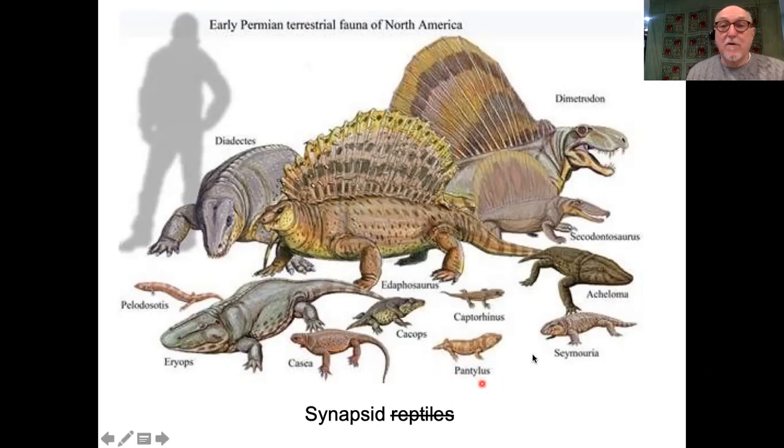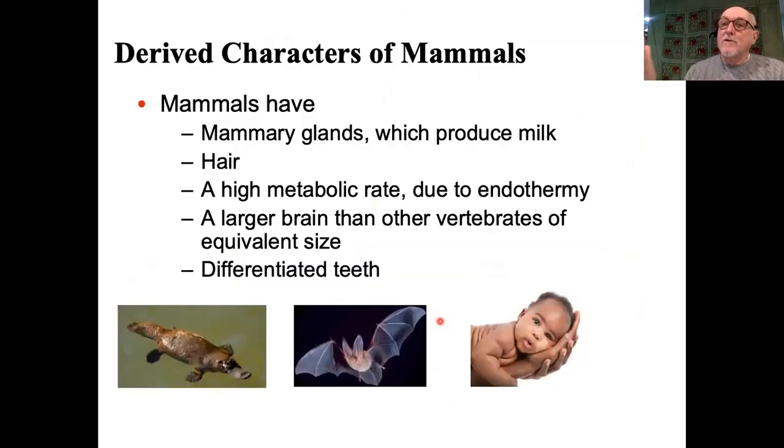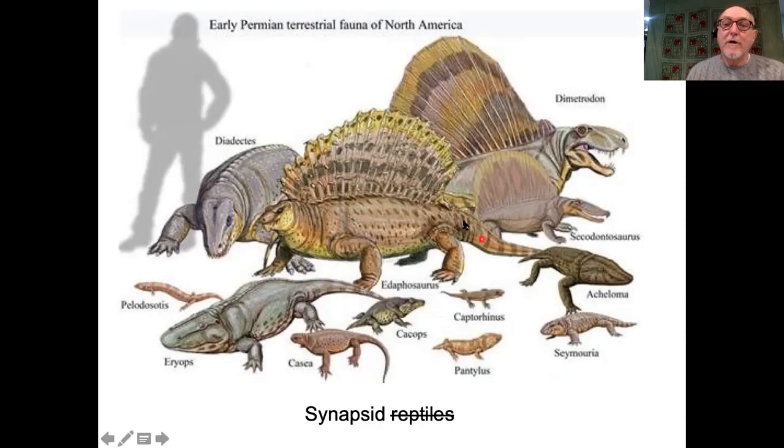And this was probably one of these small synapsids that actually went on to develop, in evolutionary time, lead to the mammal line. So we refer to these as being proto-mammals. They lead to the proper mammalian line, and we'll talk about that again next time.